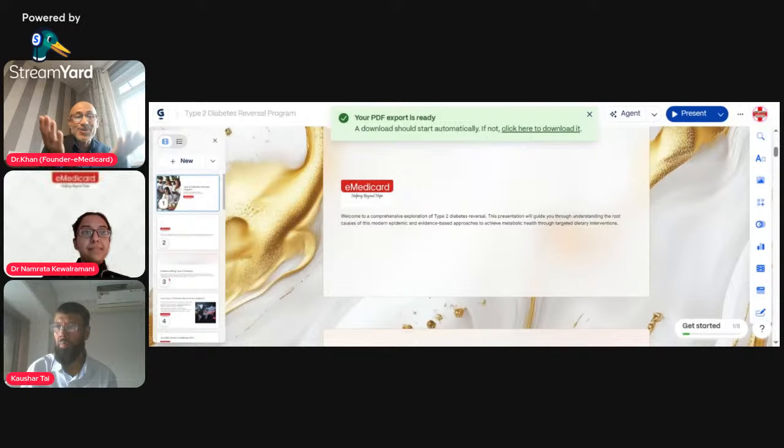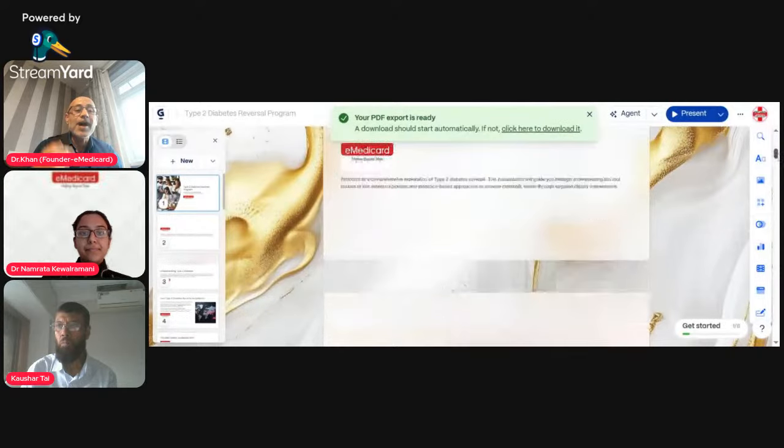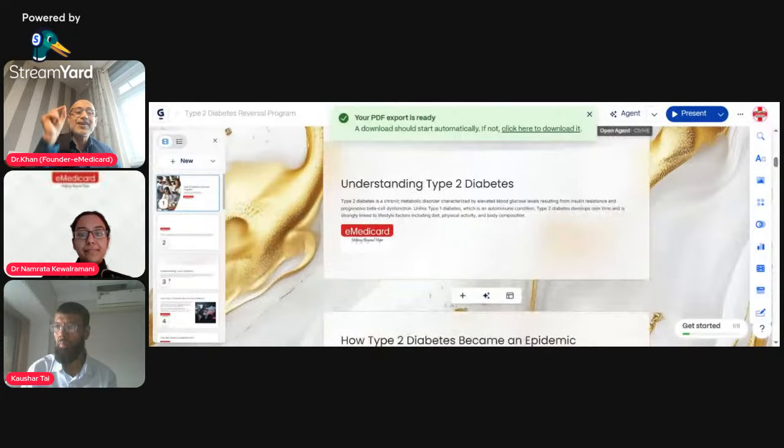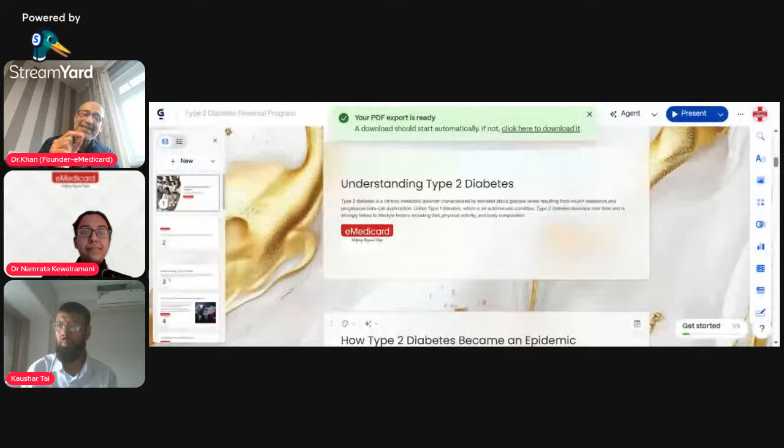If you understand the root cause, that there are too many carbohydrates in our food, then because of too much ingestion of carbohydrates, the pancreas is triggered and releases insulin. Why? Because insulin plays a very important role. It shifts the glucose from the blood into the tissues, into the cells. Simple. That's its work.